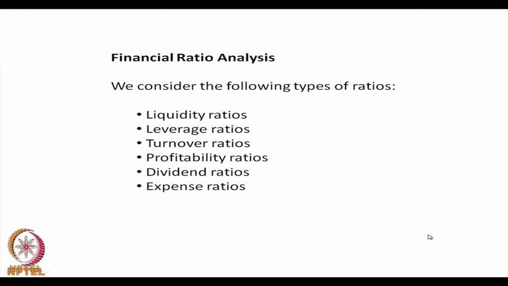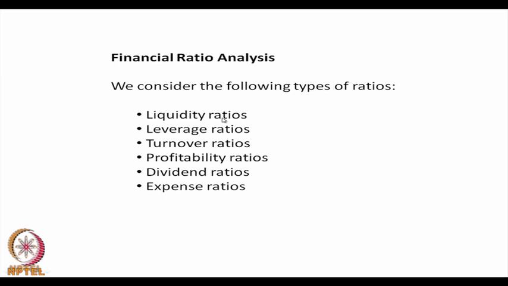Now, there are different types of financial ratios: liquidity ratios, leverage ratios, turnover ratios, profitability ratios, dividend ratios and expense ratios. So, you can see that ratios can be categorized in at least 6 headings.